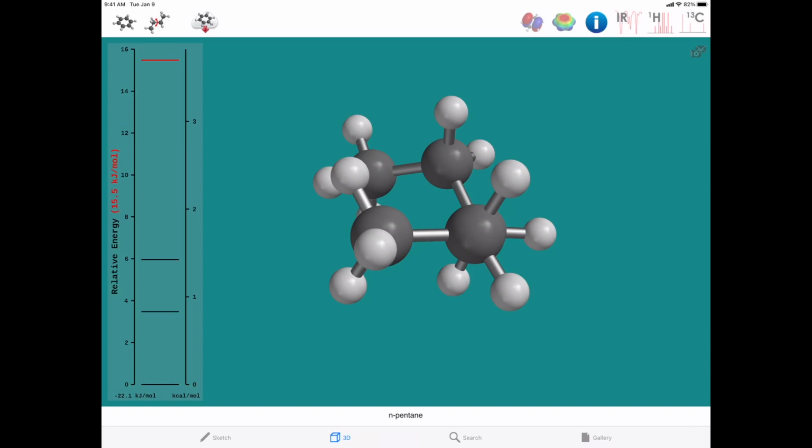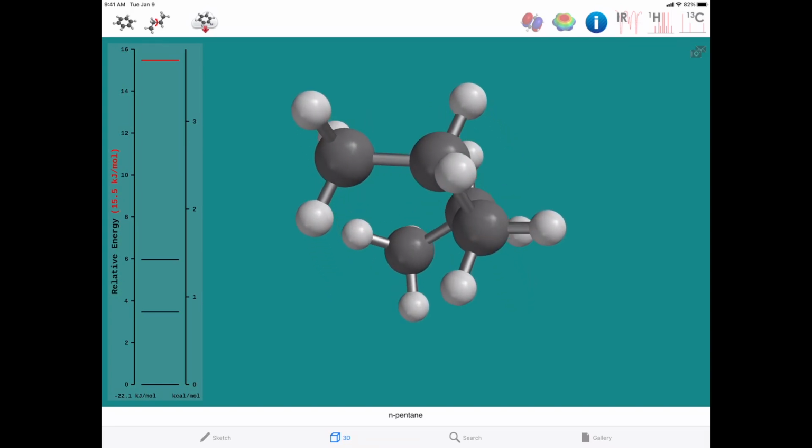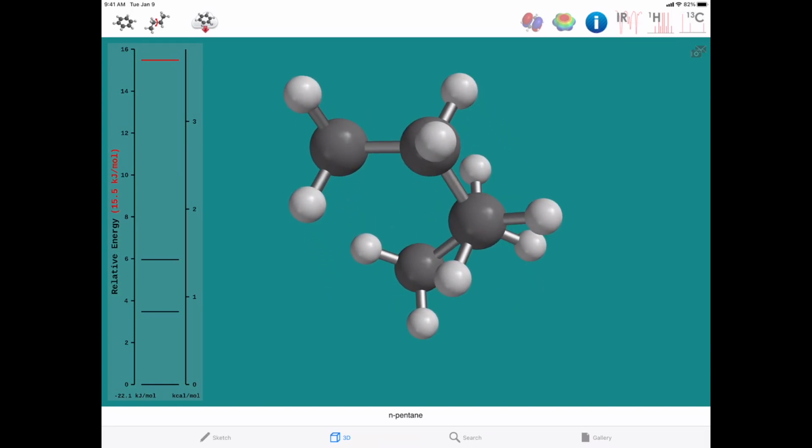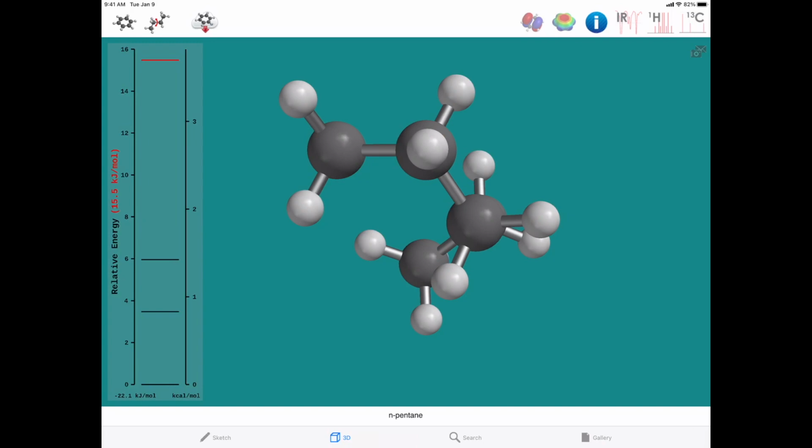That's a left-handed gauche, or a plus gauche. Let's look down the bond between 3 and 4. The carbon in the front is now to the right of the carbon in the back, so that's an opposite gauche sense. And if you look closely, you can actually see that's a little bit distorted from a gauche. The dihedral angle isn't exactly 60 degrees.